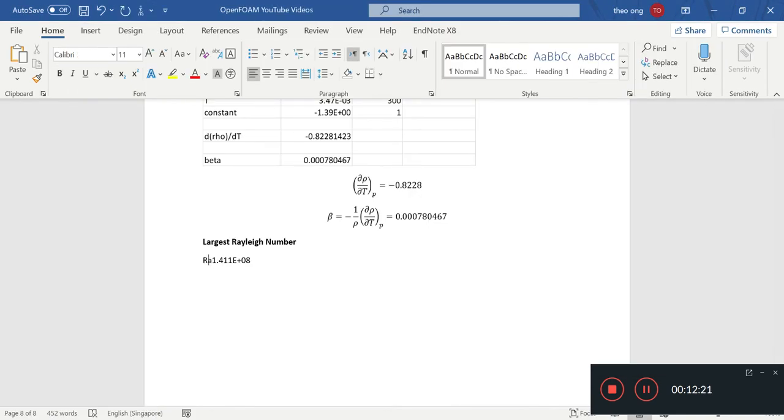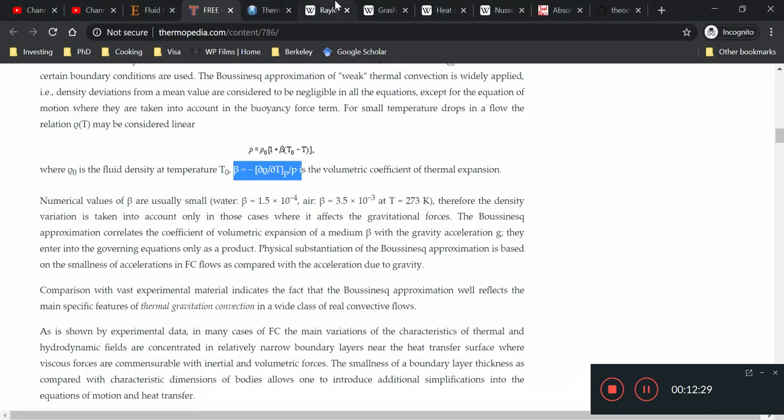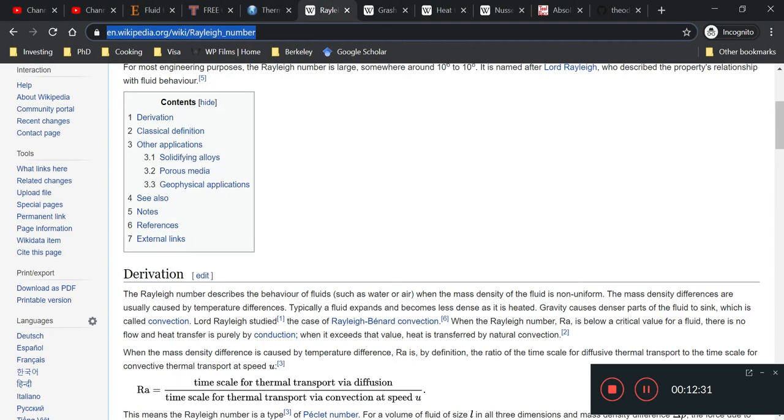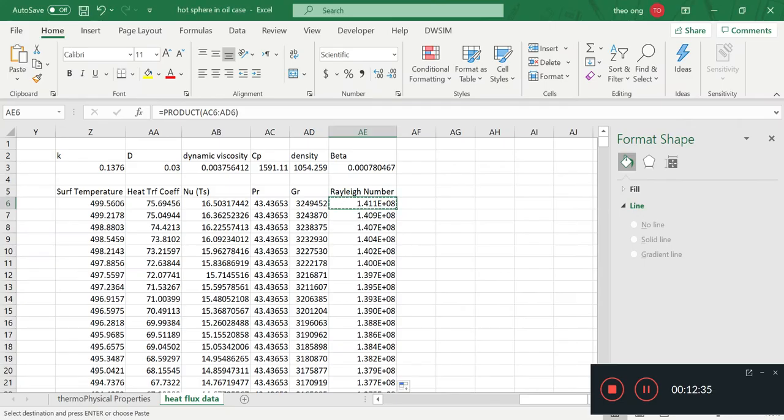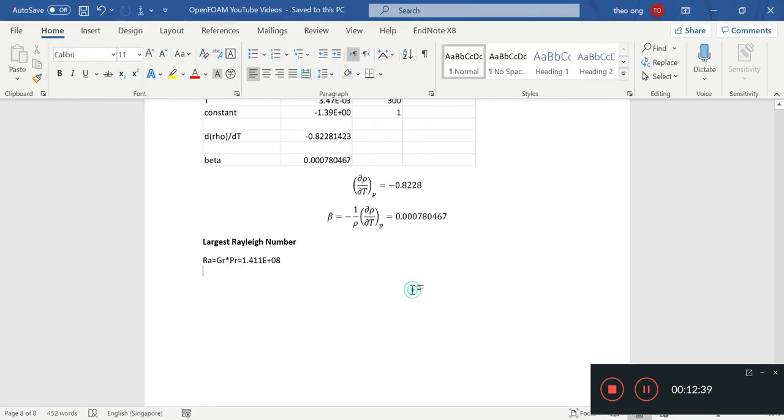So Rayleigh number equals Grashof number times Prandtl number, and that equals 1.411 times 10 to the power of 8. Grashof times Prandtl gives the Rayleigh number, which is good because it's below our threshold, 3E8 for liquids.